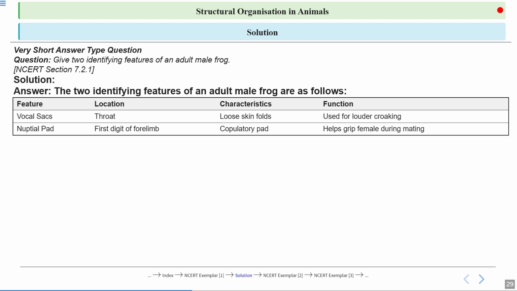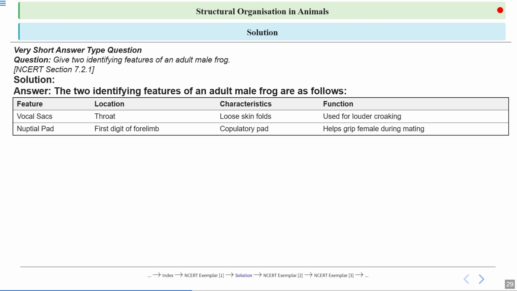Why is it called a copulatory pad? Because it helps in the process of copulation. The male holds the female frog very tightly from the back, and this nuptial pad helps in grasping the female from the back. So it helps grip the female during the mating time.